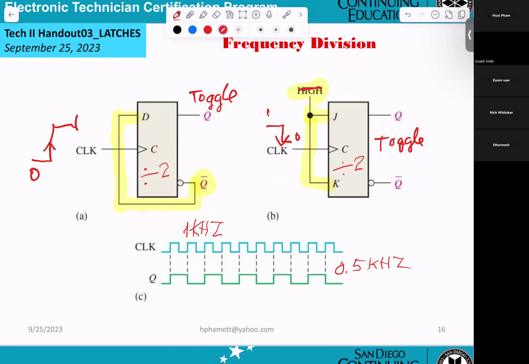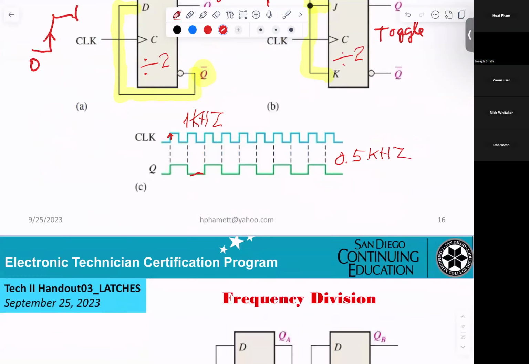So this is the clock here. If Q0, when the clock goes, it toggles, it goes 1, and it toggles, it goes 0. That's what you need to know.